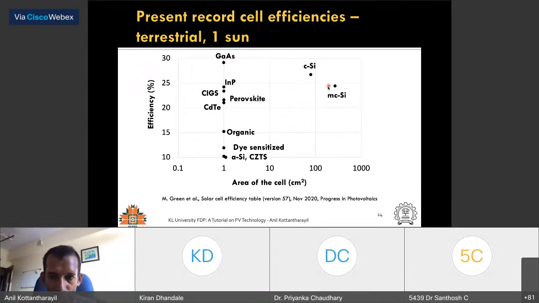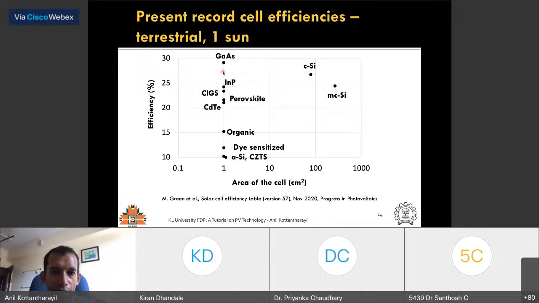Here silicon crystalline is this area, and it's a very interesting graph. This axis is the area of the cell, and this is the efficiency. We have seen crystalline silicon at 26.7% efficiency, and this is multi-crystalline silicon, a different type of crystalline silicon with slightly lower efficiencies, 24 point something.